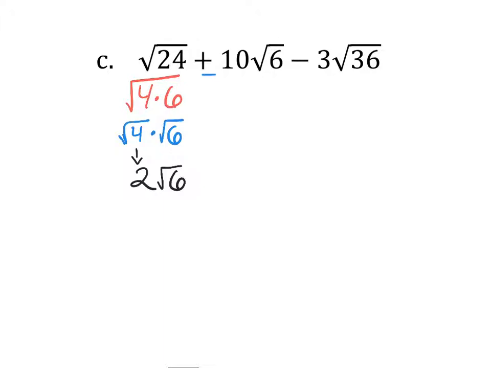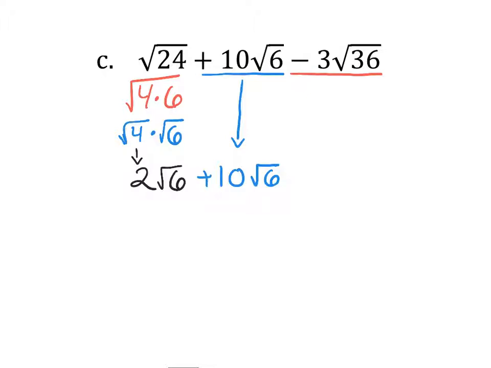Now if we move on to our second one, we have plus 10 square root 6. So with that square root 6, can we evaluate square root 6? No. Can any perfect squares go into 6? No. So we're stuck with it. So plus 10 square root 6. And then our last one here, minus 3 square root 36.